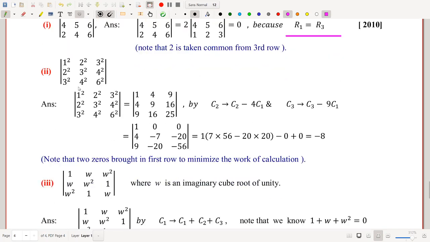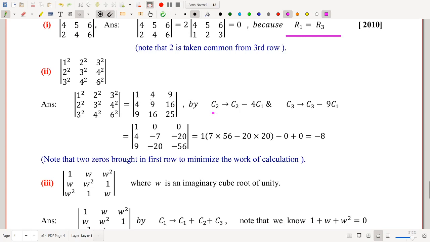Example 2. So this determinant. First we have removed all the squares and written the proper values. Now this determinant we can expand and find the value, but let us find it by the shortcut method. What is the shortcut method? If we can bring 1 zero, or 2 zeros, or 3 zeros in a row or column, then the value can easily be calculated. That's why what I have done: 4 minus 4 times of this 1 will be 0.